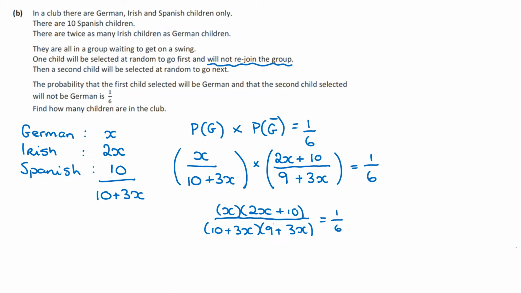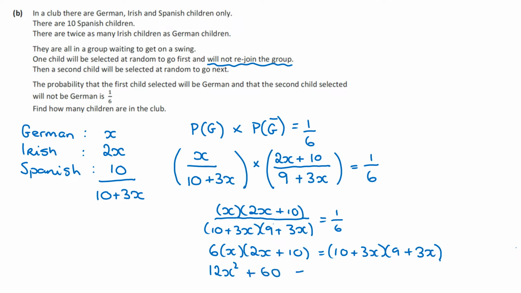I'm going to get rid of my fraction, so I'm going to do 6 times x times 2x plus 10 equals 10 plus 3x times 9 plus 3x. And we're going to multiply that out. So 6x by 2x, that's 12x squared, plus 60x equals, let's multiply this out.